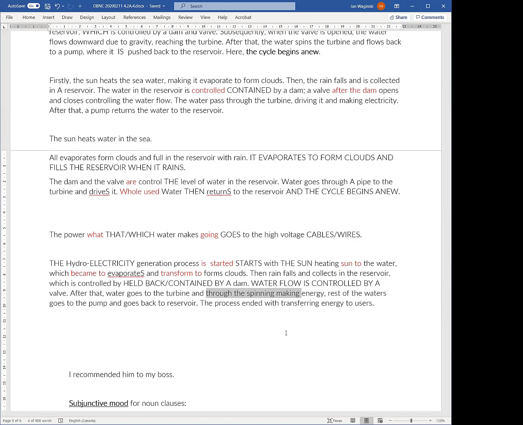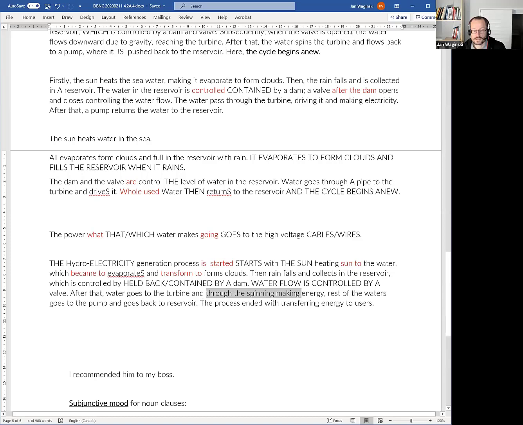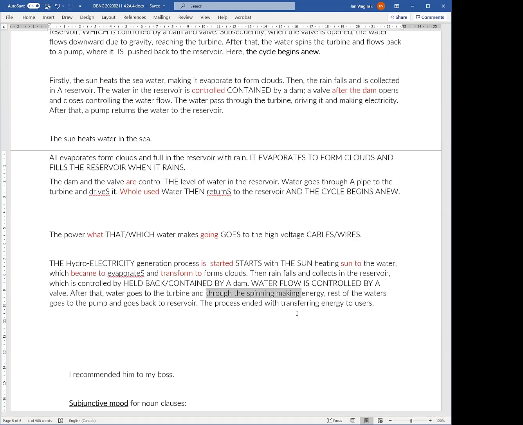Okay, after that, water goes to the turbine, and delete 3 words. Out of these words that I've highlighted, delete 3 of them. So, okay, water goes to the turbine and makes energy.